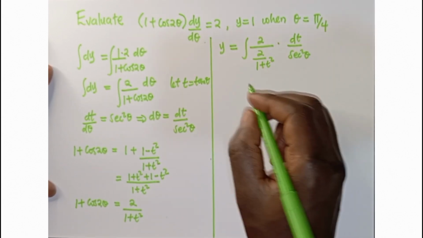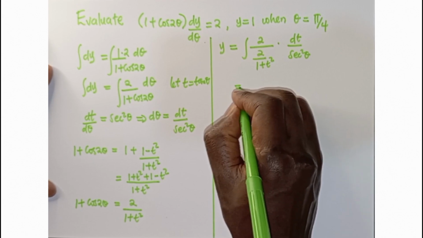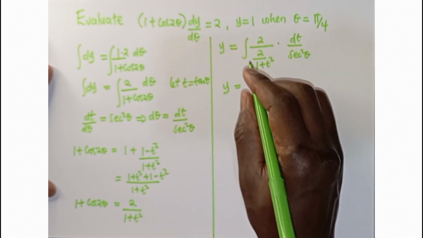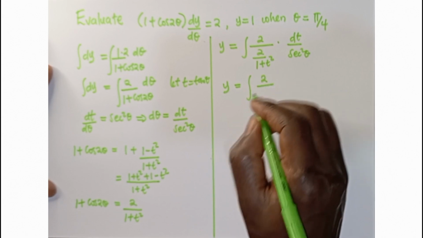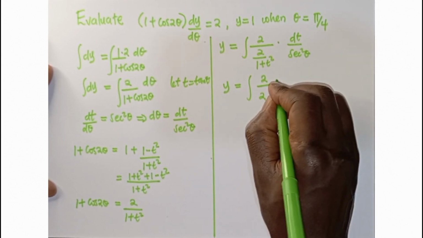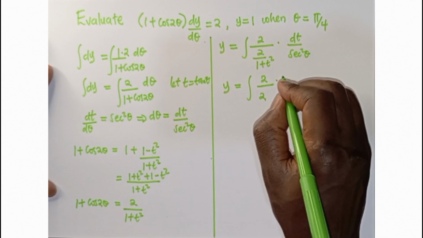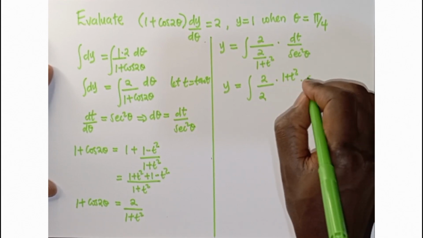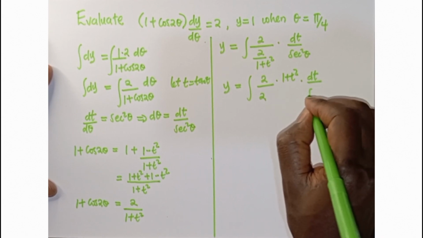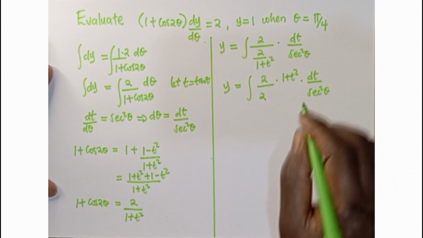Now when we simplify this, we shall have our y as the integral of 2 over 2, times 1 plus t square, then times dt over sec square theta.